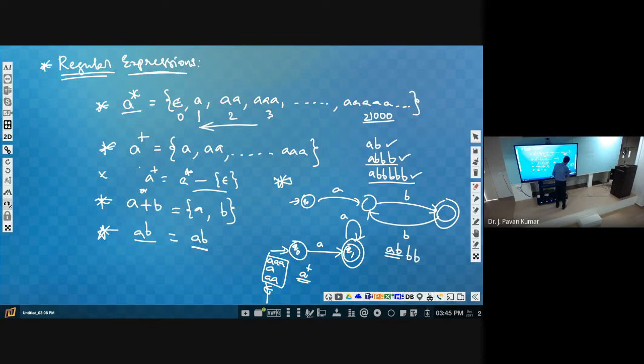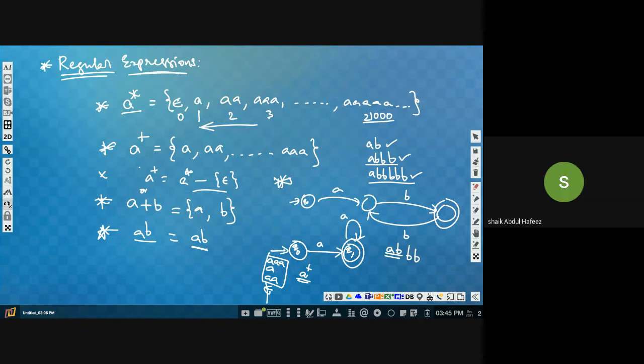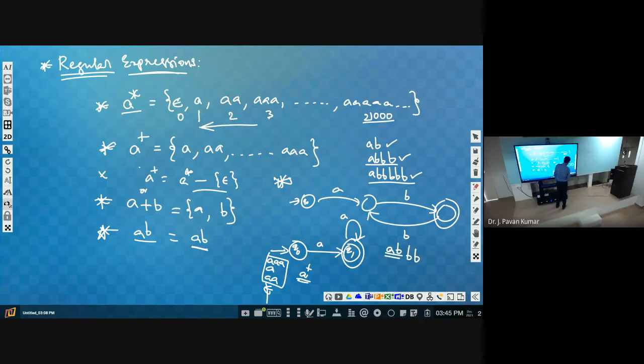So if you take this B, definitely one more B we have to take. So how many times can we take this B? How many times compulsorily? Try to understand. A, B, then we are reaching the final state. But if you take one more B, then we should definitely take another B. So how many times do we have to take this B?